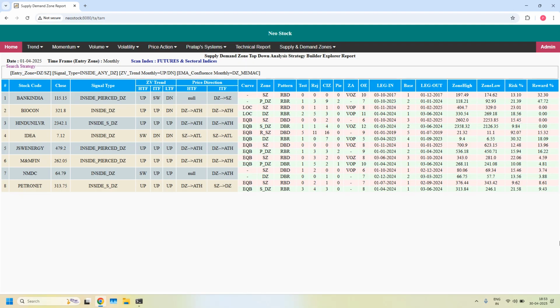All these 8 monthly demand zones are having monthly EMA confluence, and also the current price closed in those monthly demand zones. Price closed inside the demand and supply zones. So how to make use of those kinds of reports, I explained in lesson 29.